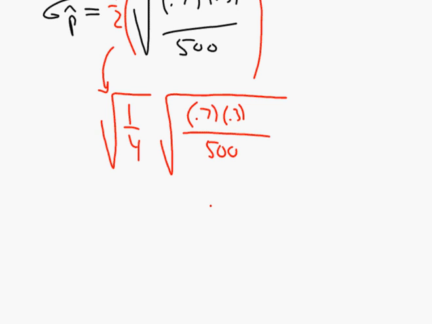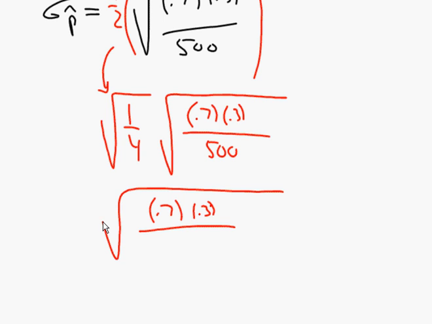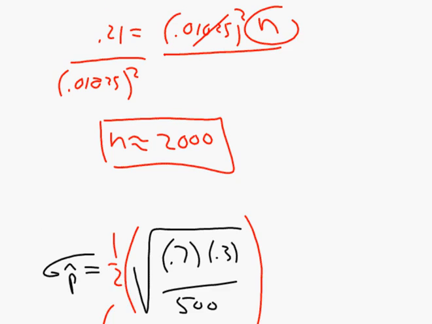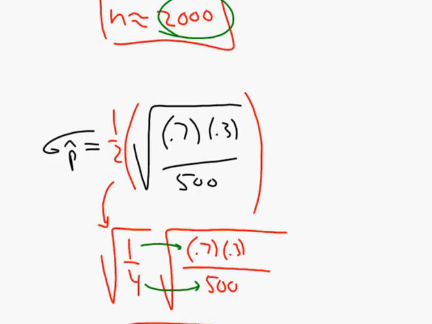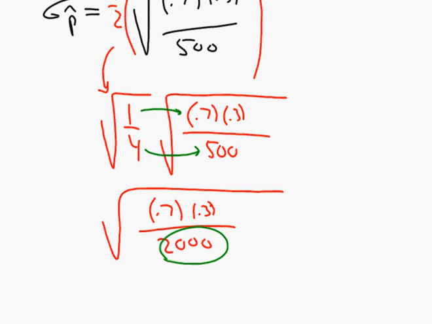So now, look what happens. I can put this all underneath one radical. I get 0.7 times 0.3, and that doesn't change because it's getting multiplied by 1. But on the bottom, I have 4 times 500, or 2,000. Well, where have you seen that number before? We just did a whole bunch of algebra to figure that number out. You could see all this complicated stuff we did. What you realize now is it's actually much easier than that.